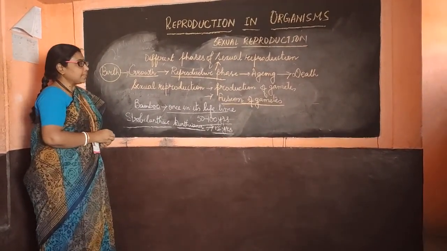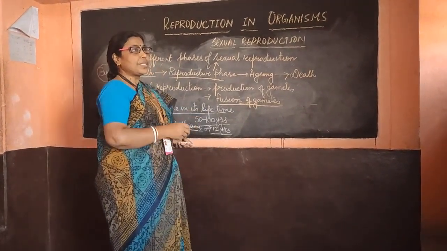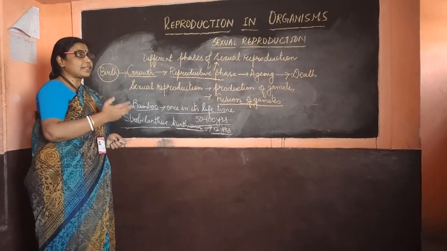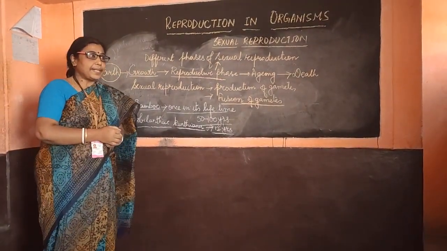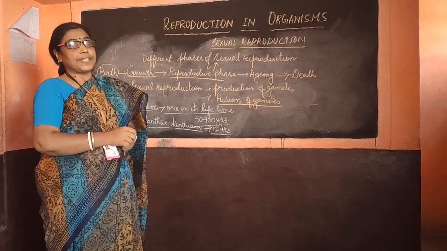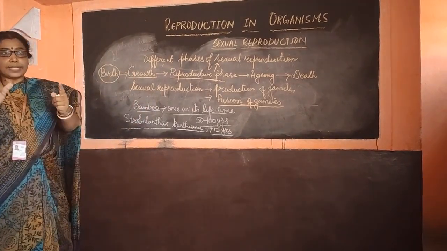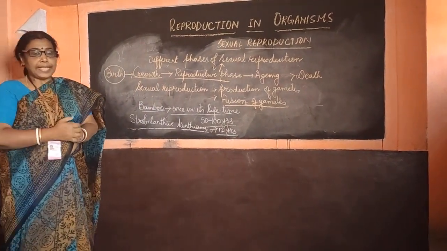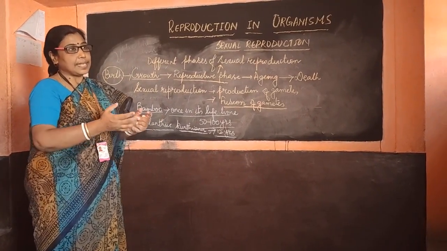Coming to the animals, in mammals we will see two types of breeders, seasonal breeders and continuous breeders. We are continuous breeders. It is not that only in the winter season or in the summer season we will be able to give birth to young ones. It can occur any time of the year.